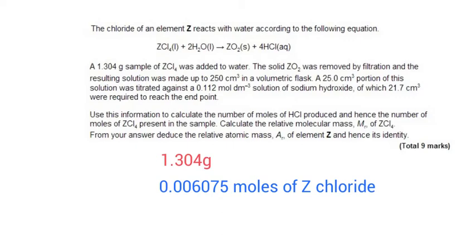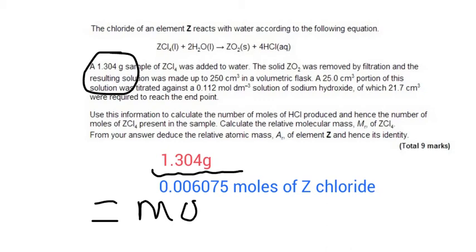So from the previous part of the calculation, we know how many moles of Z chloride were used based on how many moles of hydrochloric acid was produced, using that 1:4 ratio. Now in the question, it tells us that 1.304 grams of Z chloride was actually added to the water in the first place. So if we look at our equations, and if we look at our mass divided by moles equation, that gives us the ability to work out the molar mass.